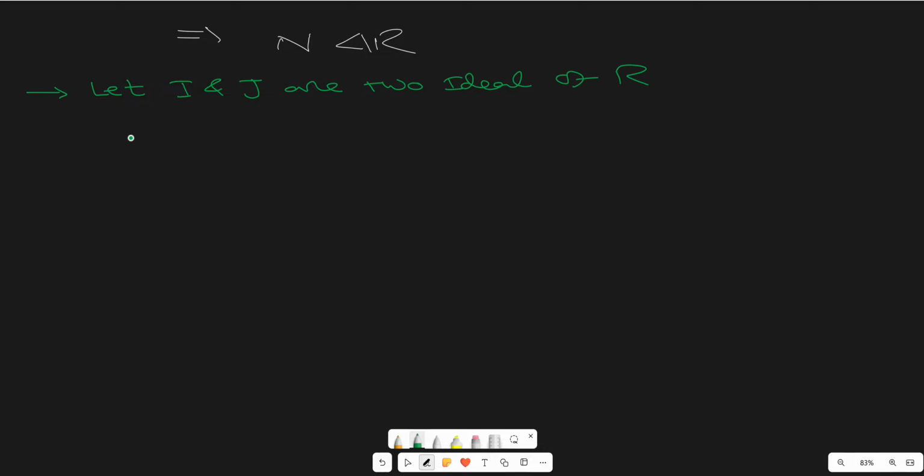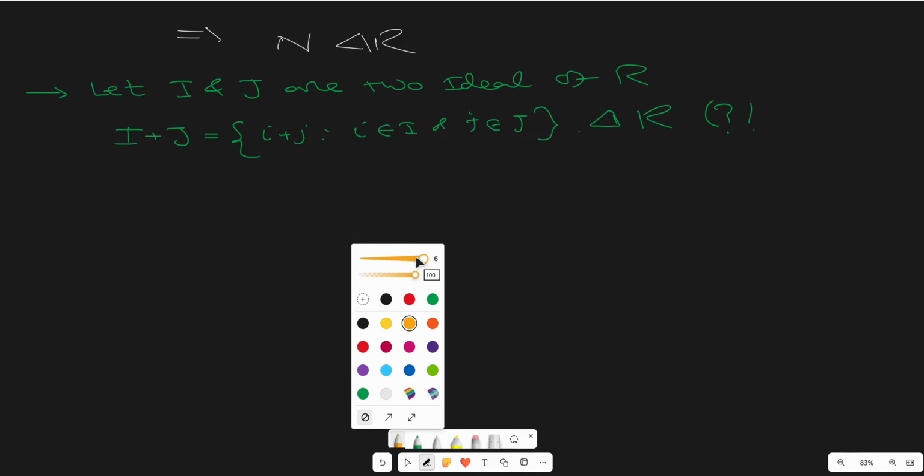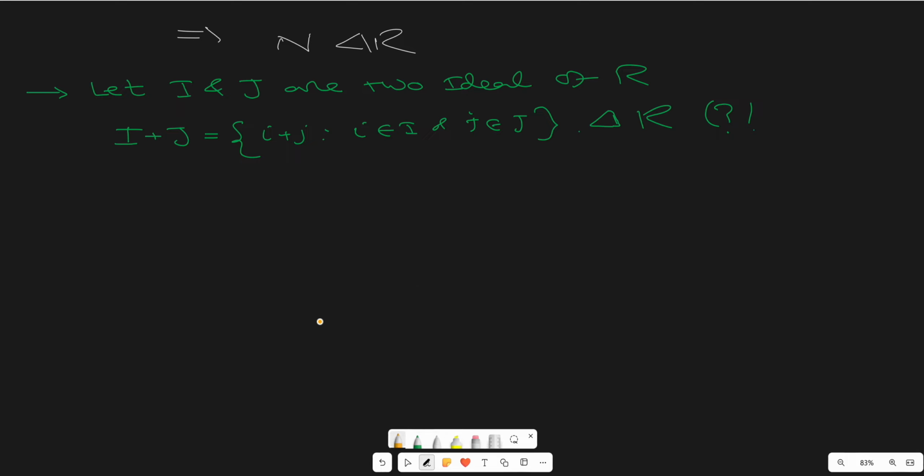So what is I plus J? I plus J is the set of small i plus small j, such that i is in I and j is in J. Is this an ideal in R? Check, verify. What do you think? If yes, then prove that. If no, then also prove that. This is very easy to prove.